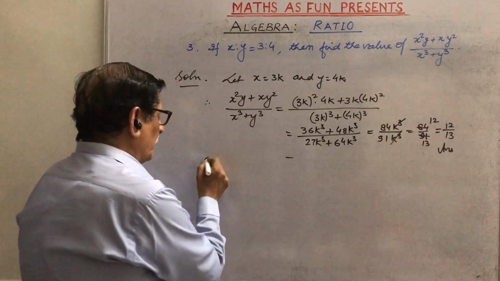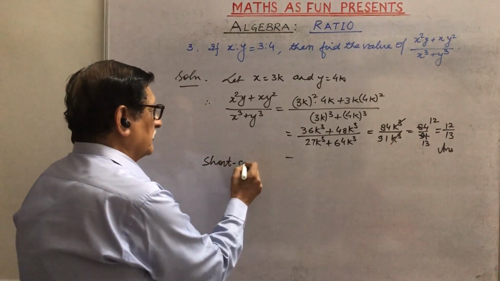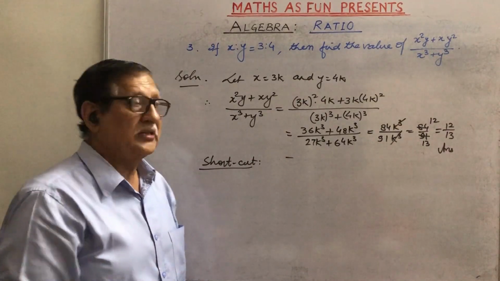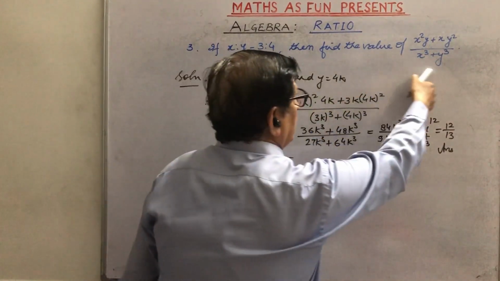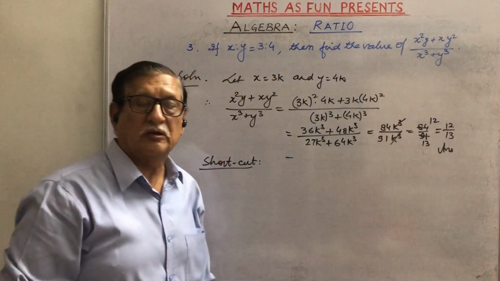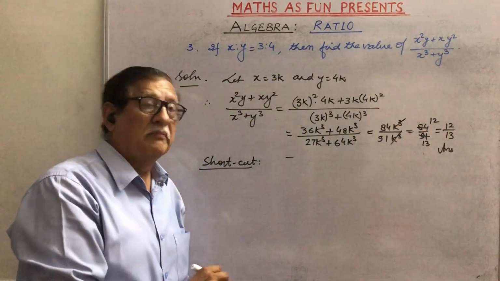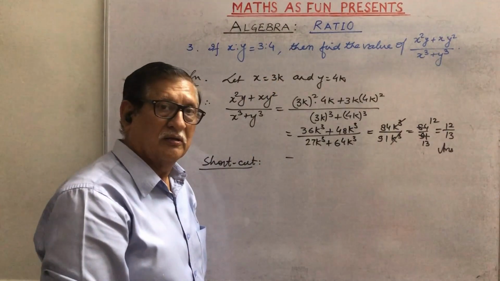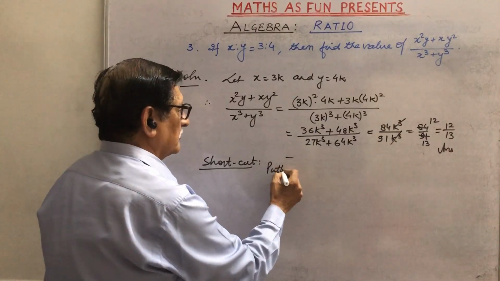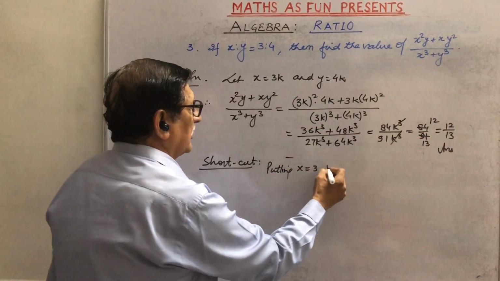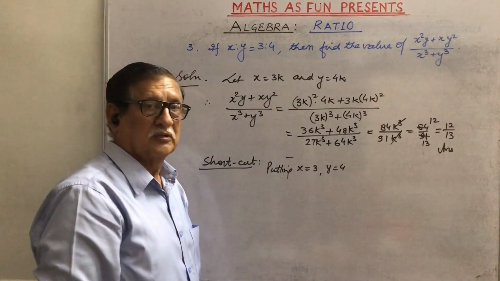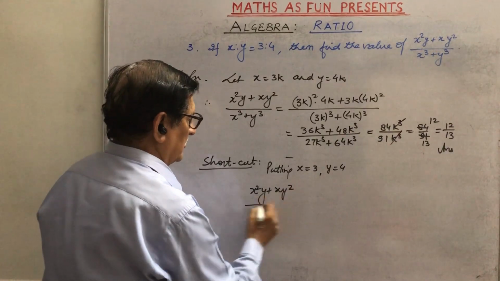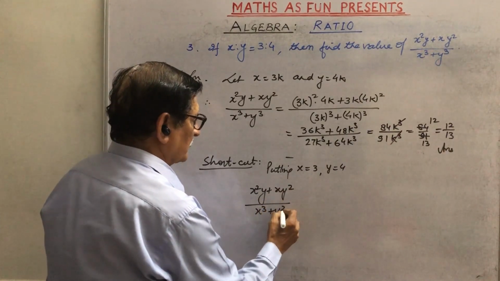But in case we want to apply the shortcut to it, suppose the question is given in the MCQ, then we have to see whether the degree of the numerator and denominator here are same. And if they are same, we can directly put the values of x and y as 3 and 4 only. We can write, putting x is equal to 3 and y is equal to 4, and then we get x square y plus xy square upon x cube plus y cube.